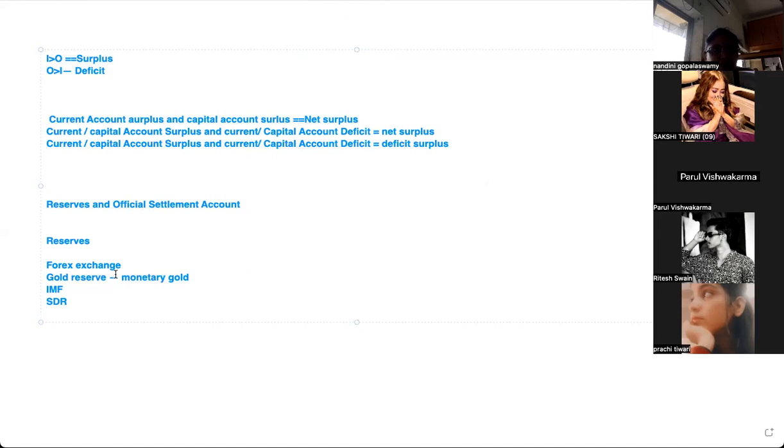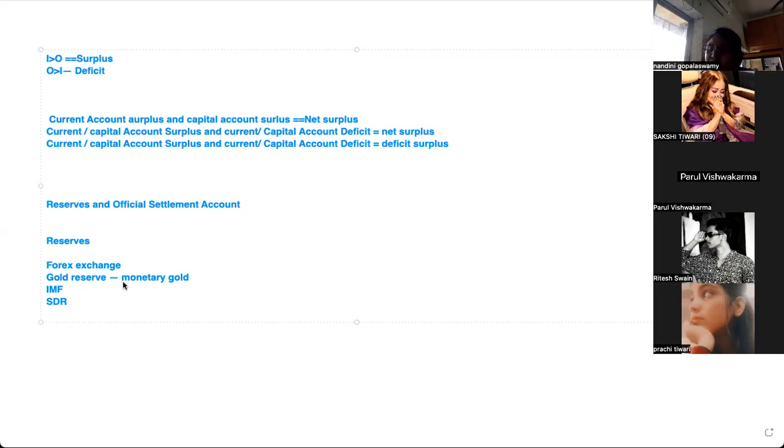Because when we were talking about balance of payment, we said that balance of payment is going to record all the monetary transactions of this economy with the rest of the world. But when I say monetization of gold or demonetization of gold, that only is going to be a contra entry. दोनों ही balance of payment account में आएंगे, right? When I say monetization of gold, it means you're going to pay the jewelers some money, right?